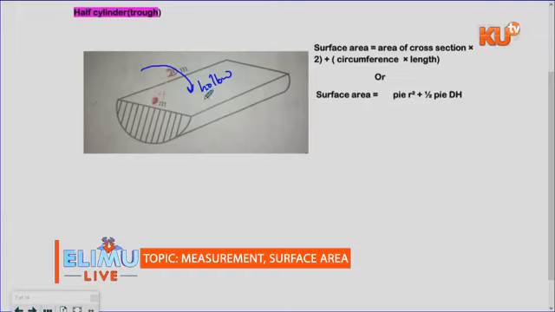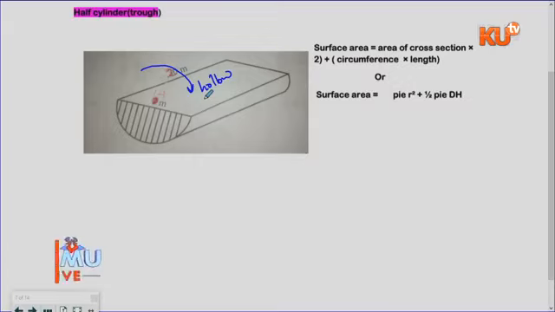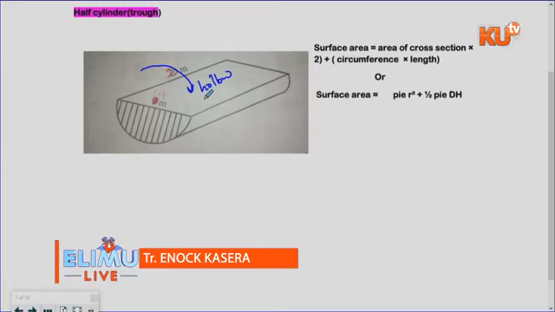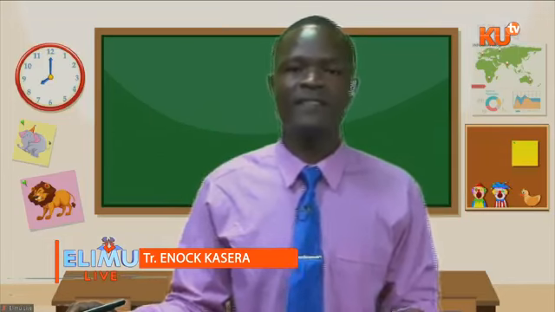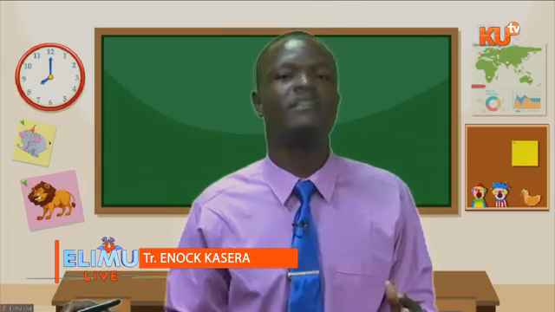So how do you find the surface area? Now the surface area is equal to the area of the cross section times 2, plus circumference times length. There's also another thing that I really need to emphasize: the difference between the circumference of a semicircle and the perimeter of a semicircle.